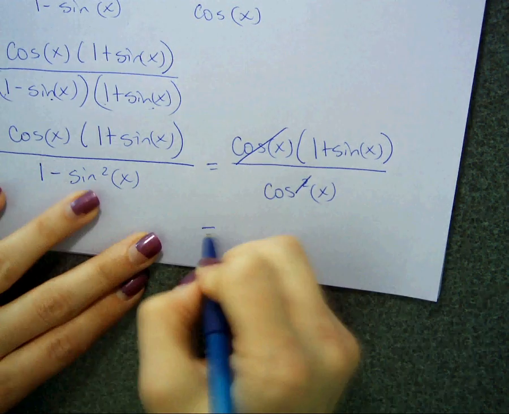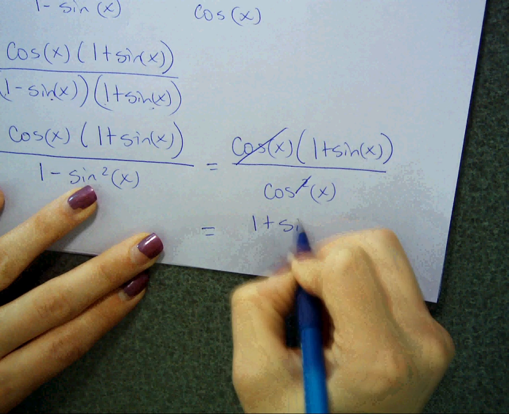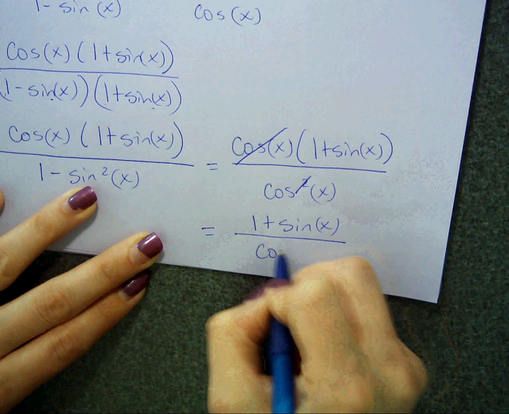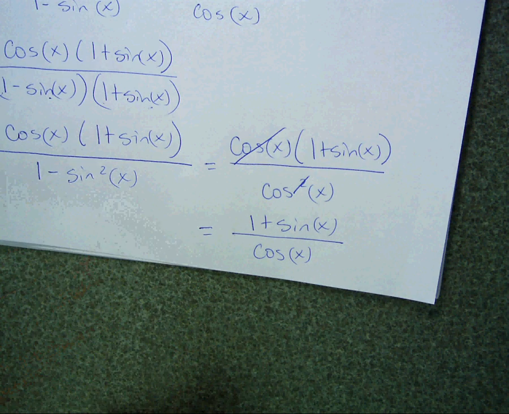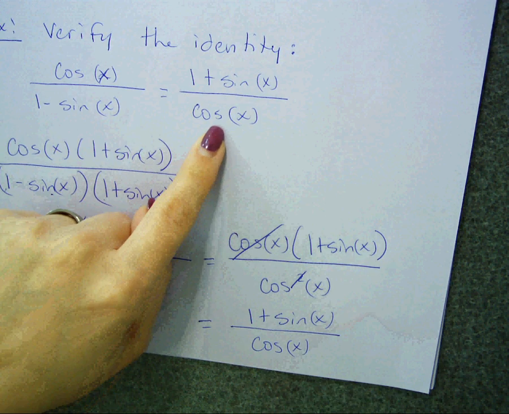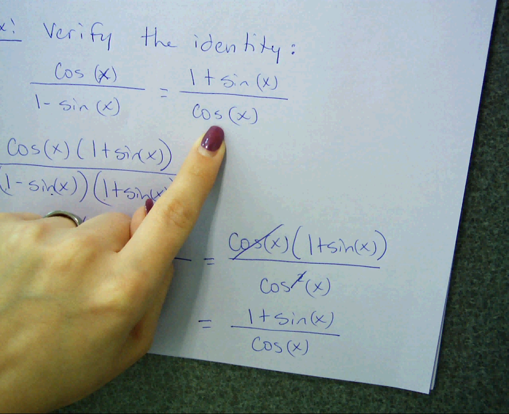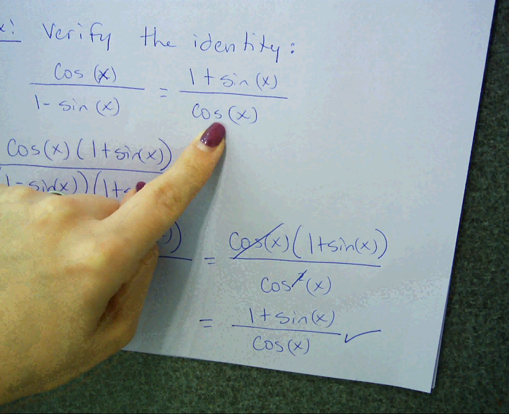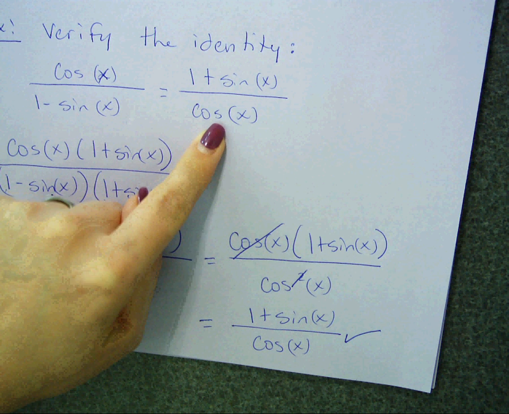So I have 1 plus sine of x over that one remaining cosine of x. And if you look, that is what I was trying to get to. 1 plus sine of x over cosine of x. So the left side is equal to the right side, and I have verified or proved this is an identity.